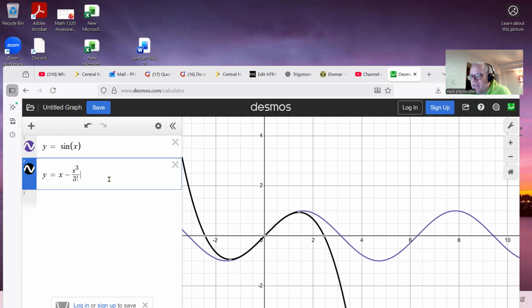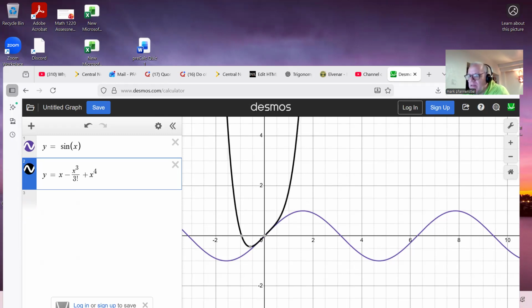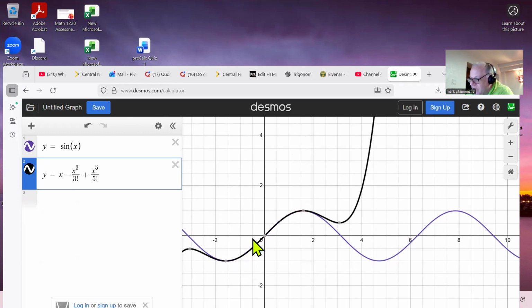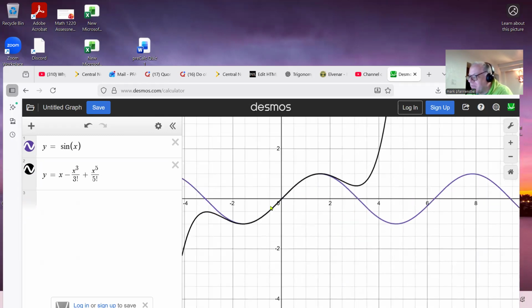If I start adding extra terms, so if I add x to the fifth over 5 factorial, notice it hugs it a little bit closer here. It's a little bit more approximating. We can keep going.